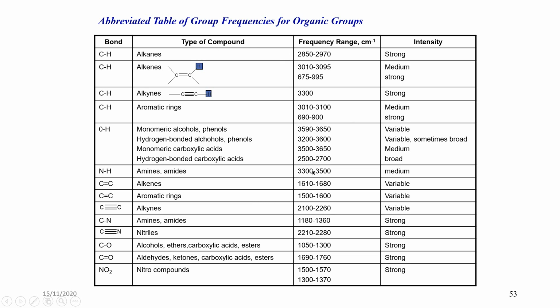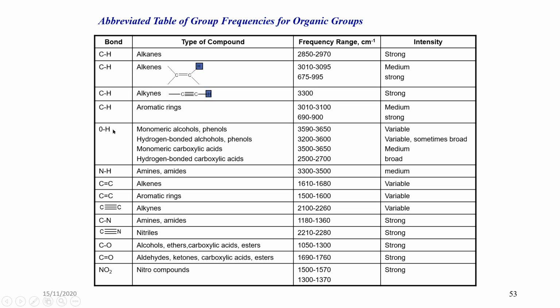So here is a table which gives you an idea regarding the stretching frequency for different types of functional groups. Among them, the important ones are the CH stretching frequency, then OH, then NH, for amines or amides, which occurs slightly at a higher value than the OH stretching frequency, that is 3300 to 3500.